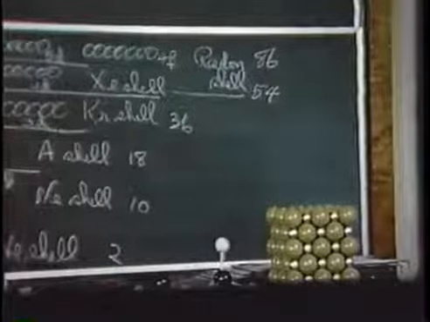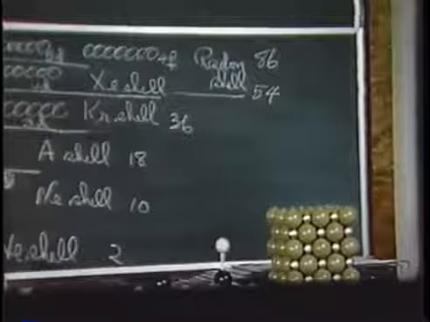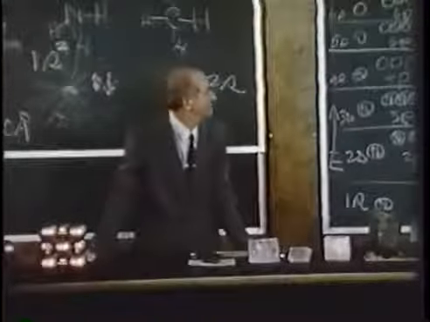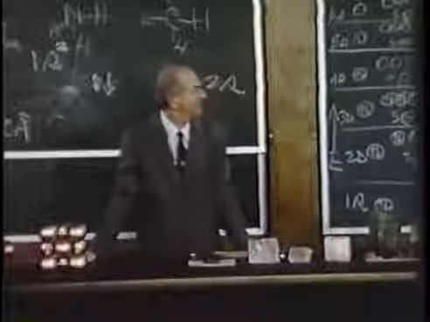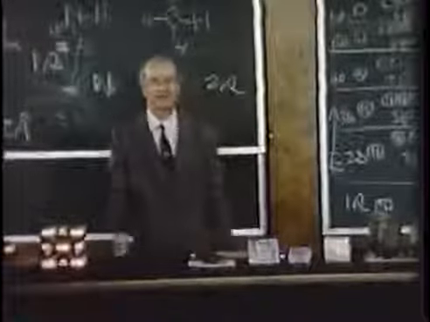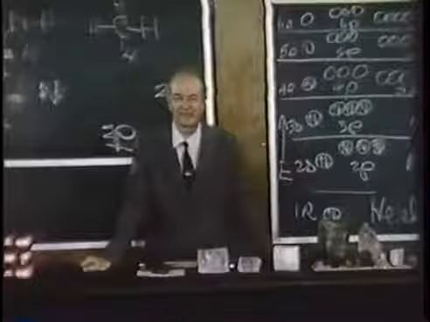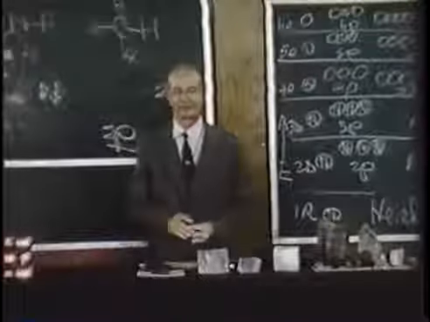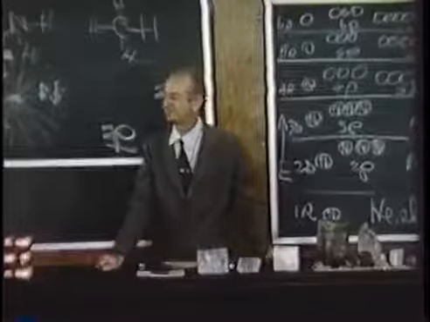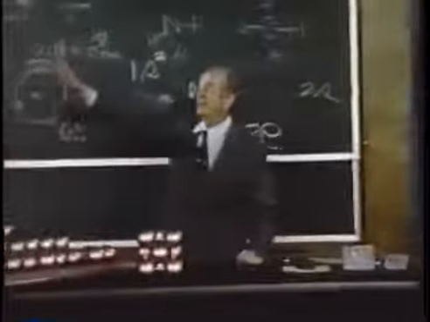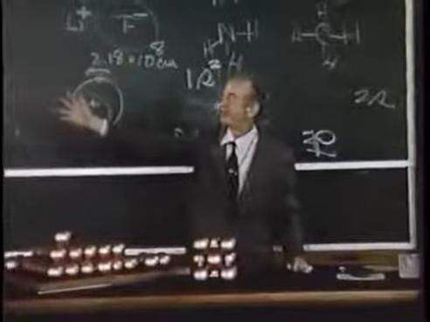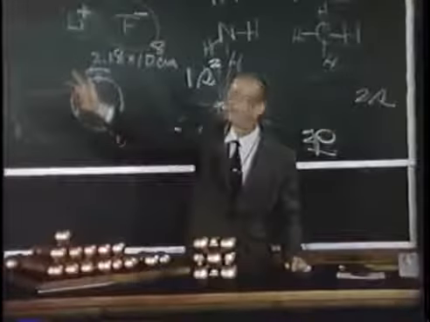Following this comes the second very long shell, 7s, 7p, 6d, 5f, another 32 elements that would bring us up to element 118 that we may call eka-radon. We have then a complete explanation of the periodic system of the elements.